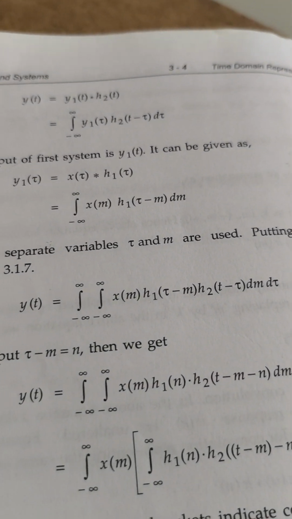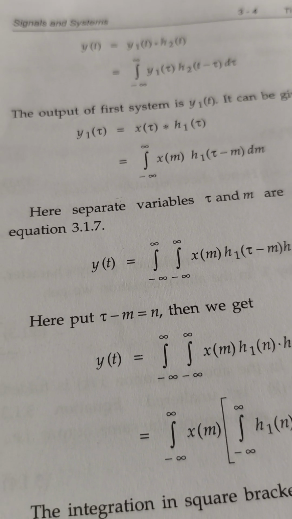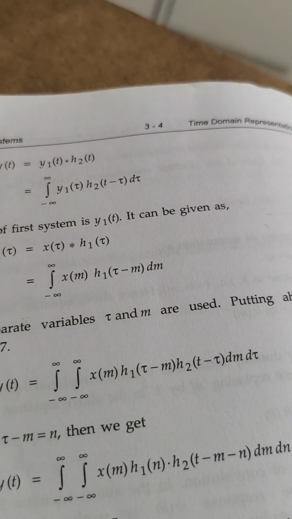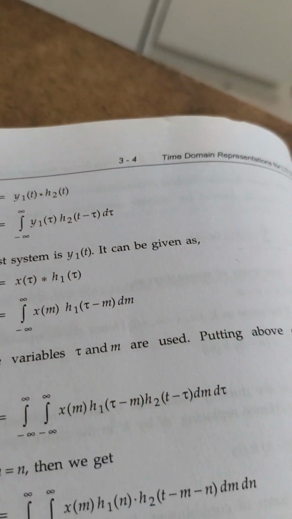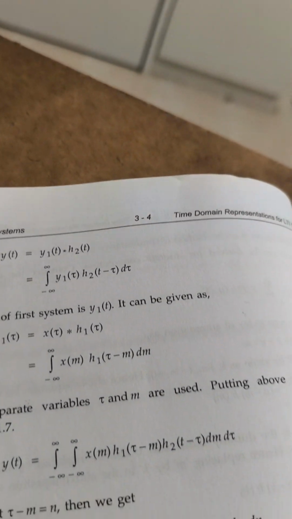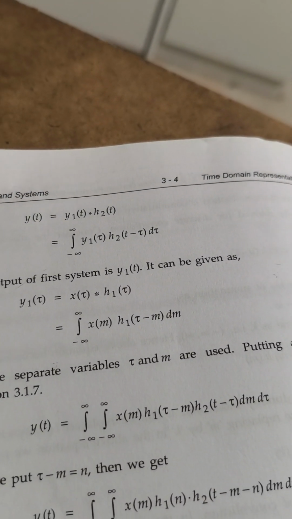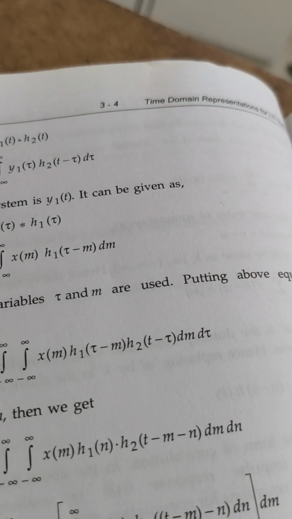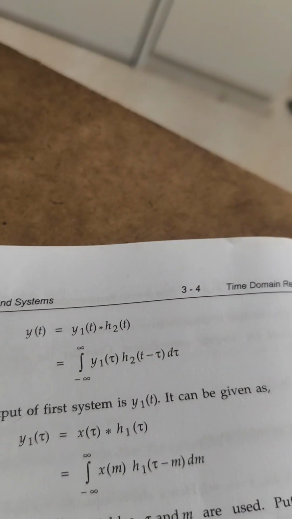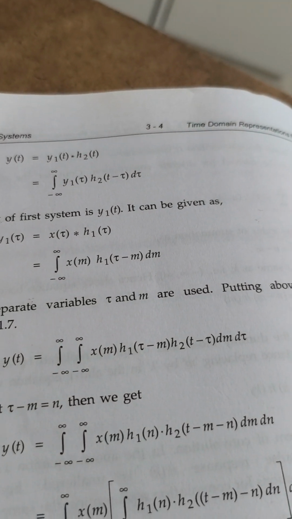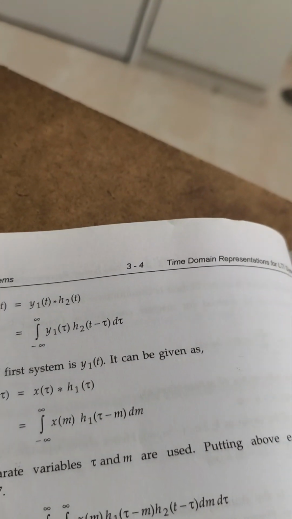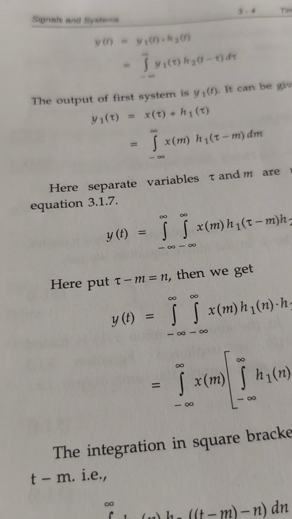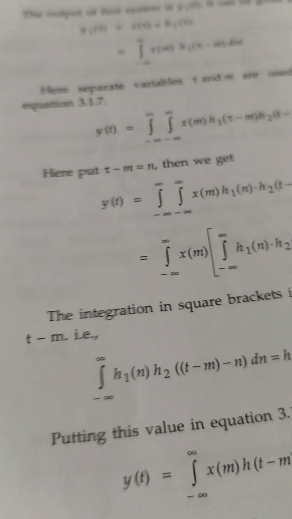So the total output y of t equals the integration over minus infinity to plus infinity of the integration of x(m) h1(tau minus m) times h2(t minus tau), with dm and d tau. Then put tau minus m equal to n, and we go on deriving.